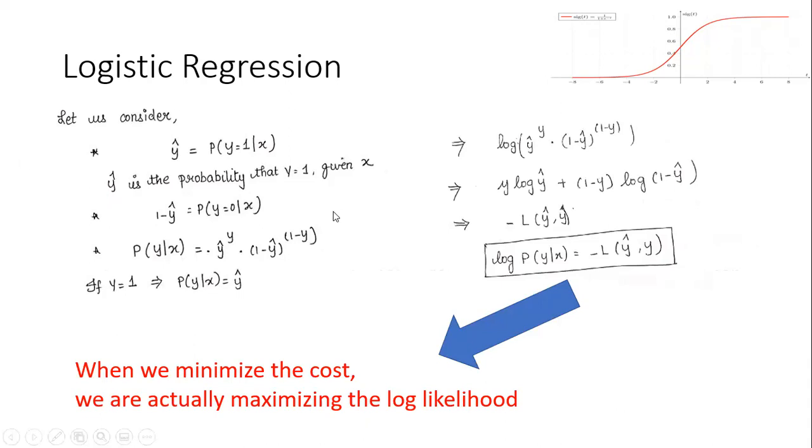So this is something which you don't need to concentrate on. What is happening here? I simply forgot. So y dash is the predicted value, which is equal to the probability of y equals 1 given x. And 1 minus y dash is the opposite probability of that.